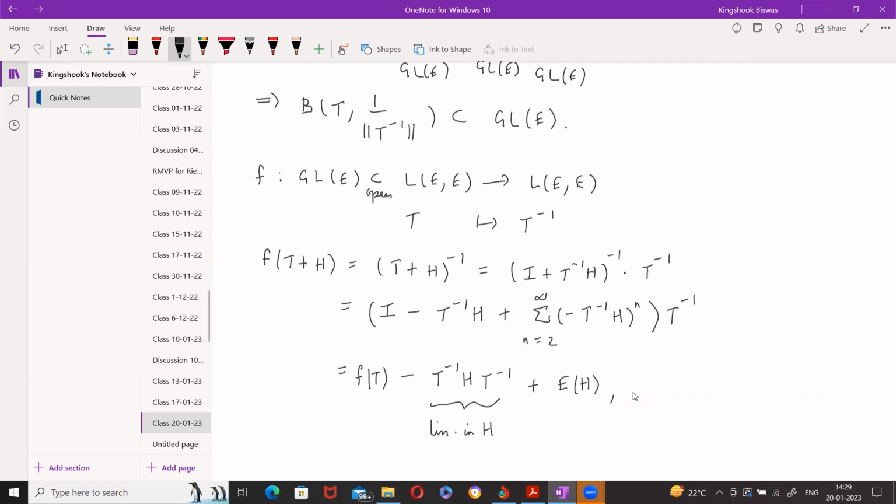And what is the norm of the error term? Well, this is less than or equal to the sum of the norms.